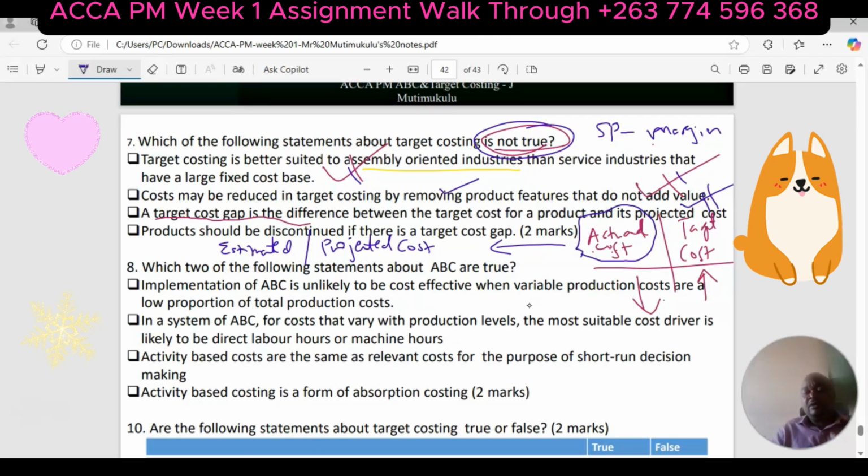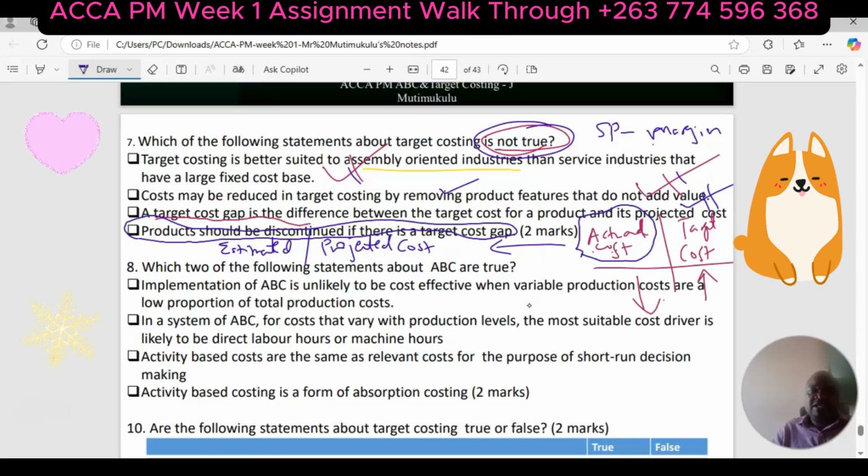By so doing, we reduce the target cost gap and ensure that we continue with the production of the product. So this option is not always true. So it's not true. This is the answer to the question.